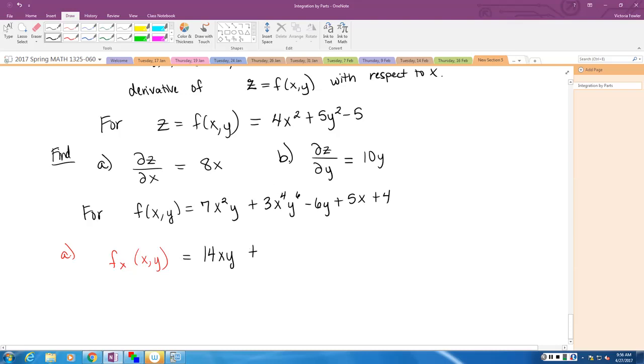Yep, treating x as a variable, 12x cubed, y to the 6th. It's a constant. Okay, now what? Move down to -6y. What's the derivative of that? 0. 0, good, because this is treated as a constant. Okay, now plus 5, because x is the variable.